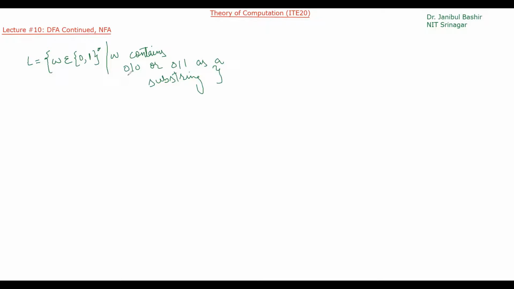So let's first see 010. So 0, so let's say this is a state, another state, 0, 1, and 0. So if the string has 010 as a substring, that means it should accept it. Now another is 011.